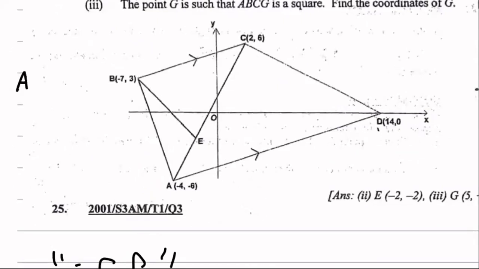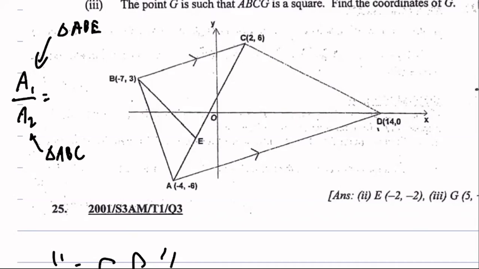Maybe I should write this down. A1 over A2 will be equal to, because they share the same base, A1 is referring to the area of triangle ABE, sorry, not ABC, and the other one is ABC. Typically you know this formula, L1 over L2 bracket squared.